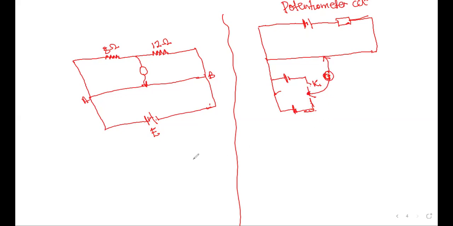Then I took the ratio: 8 over 12 is equal to L over 400 minus L. I made L the subject and got 160 centimeters.